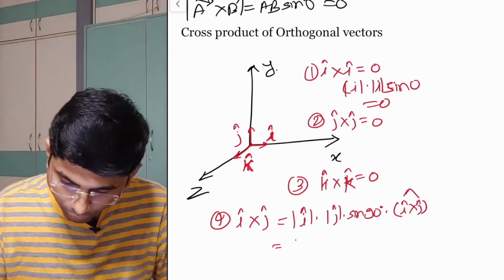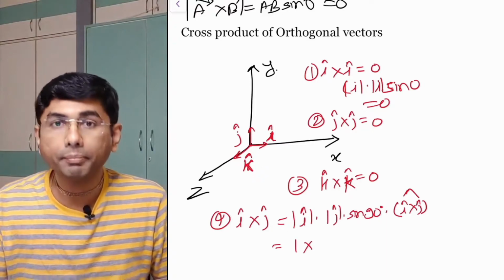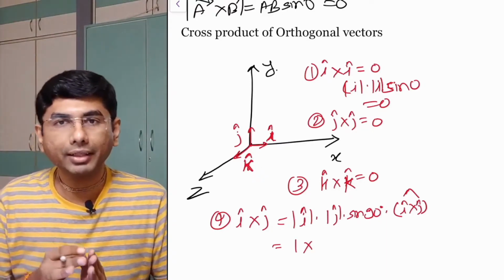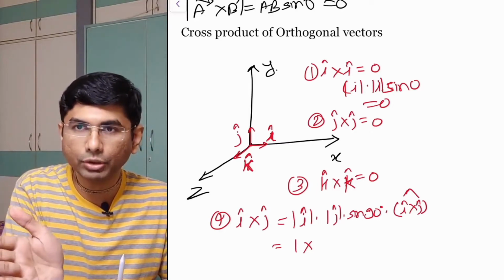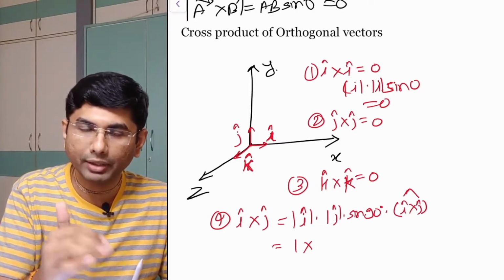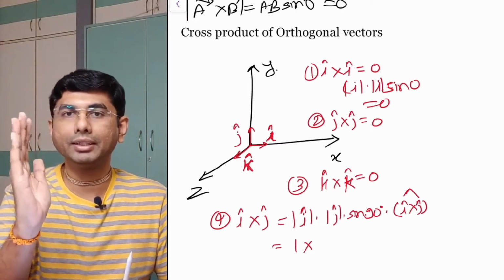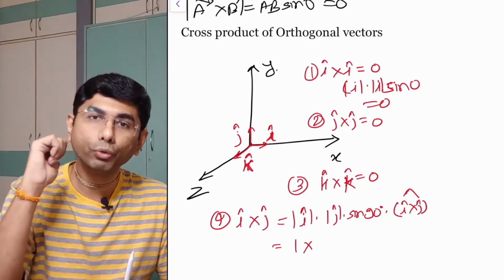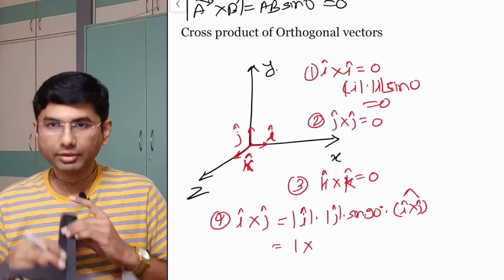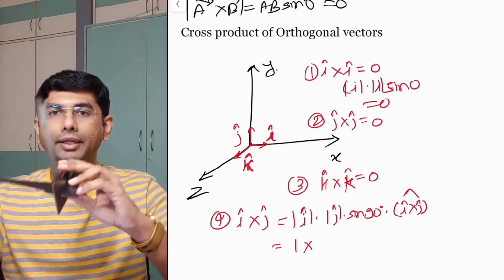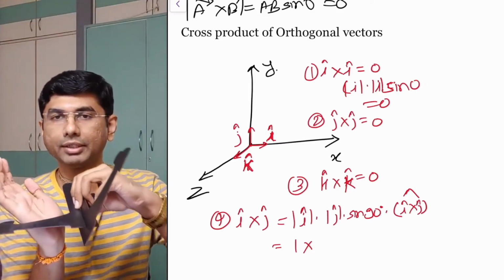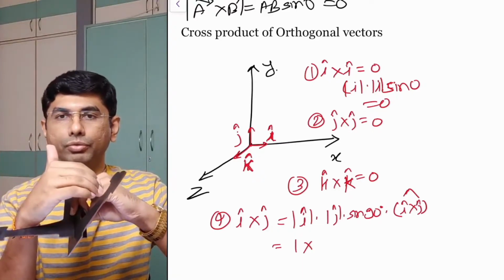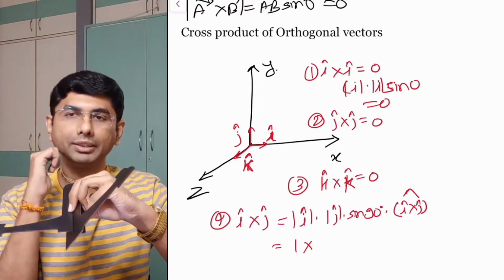So the answer is 1 into the i cross j direction, since it is a vector. What is the direction of i cross j? I am just putting my hand from x to y, and it's coming outward. We have the x vector here; from x vector to y vector, it's coming in this direction.